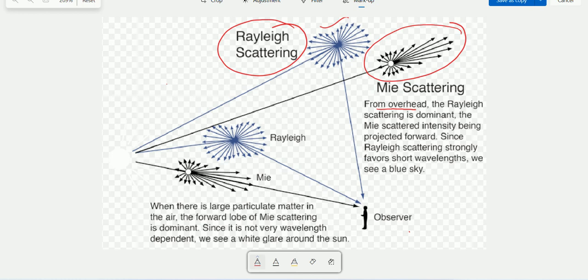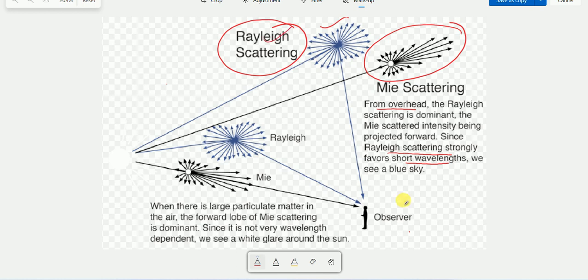You must know that Rayleigh scattering strongly favors the short wavelengths, and that is why we see the blue color of the sky. That means gas molecules more effectively scatter blue and violet light that have shorter wavelengths than they scatter red and orange, and this accounts for the blue color of the sky.